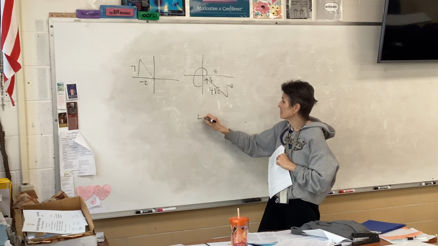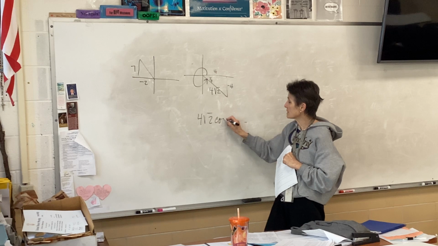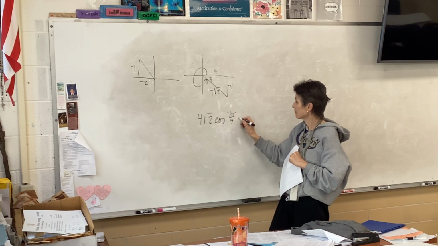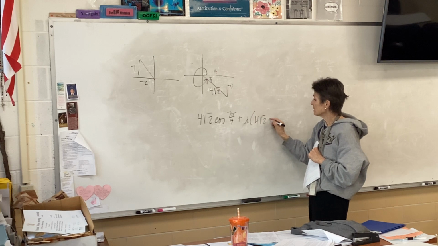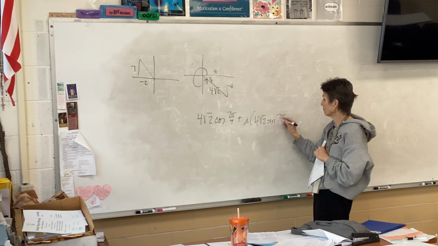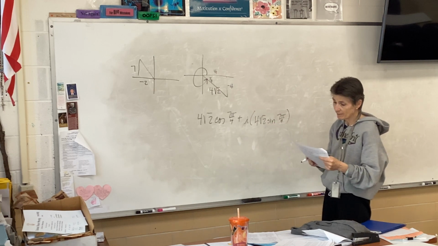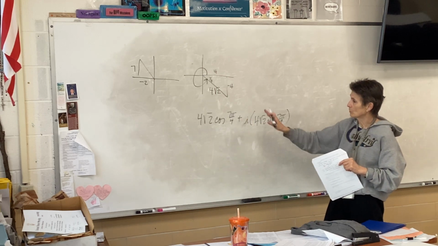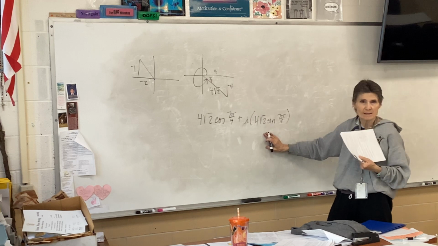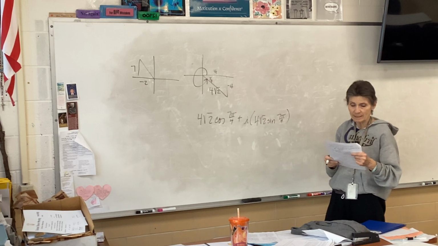So my answer is 4 root 2 cosine 7 pi over 4 plus i 4 root 2 sine 7 pi over 4. Is that what you have down here? Yep. Now, I've distributed the 4 root 2 through, they've got parentheses, but obviously that's the same answer. It can be written either way.